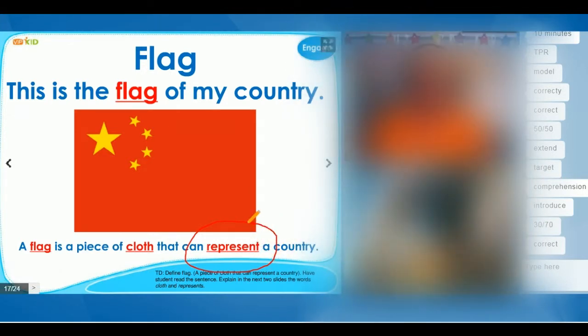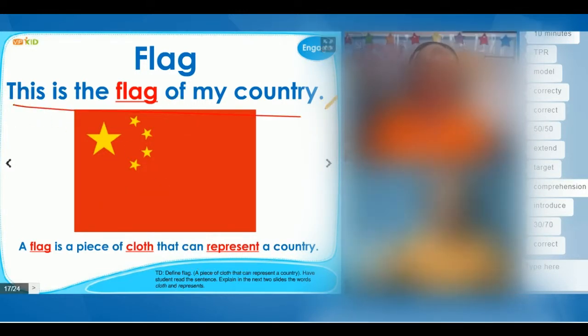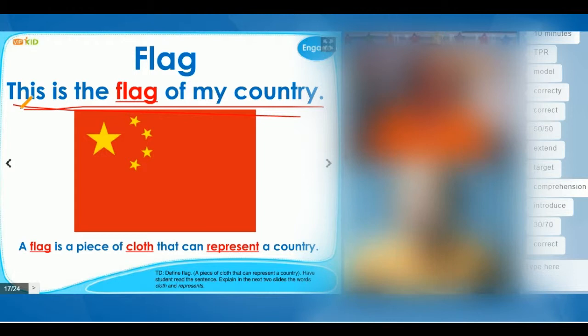Represent. Represent. Good. Read. This is the flag of my country. Good. And read this.